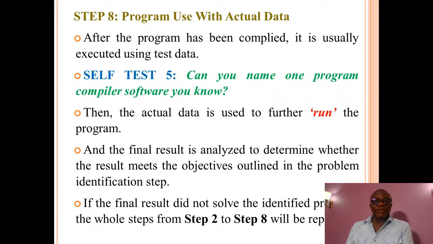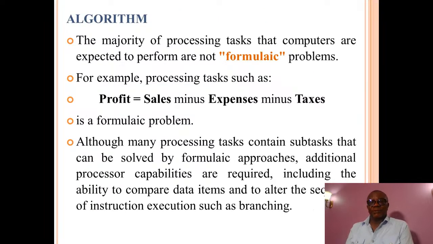If the final result did not solve the identified problem, then the whole steps from step 2 to step 8 will be repeated, because it means that you have not been able to solve the identified problem. Then, if you go back, you repeat the steps until you are able to solve the identified problem.